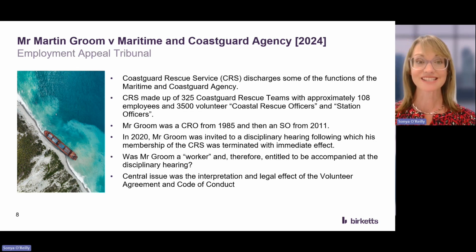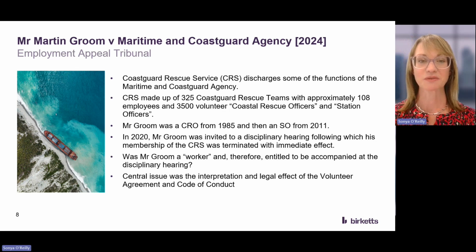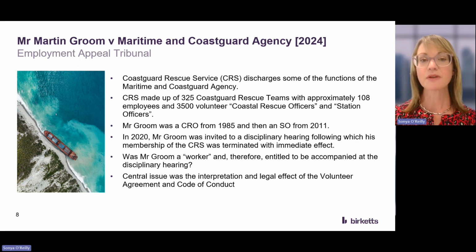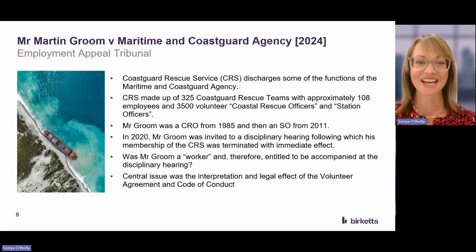So a few of the facts then. The Coastguard Rescue Service discharges some of the functions of the Maritime and Coastguard Agency across the UK. And that rescue service is made up of a number of different rescue teams. And within those teams, there are approximately 108 employees, or there were at the time this case was heard, and a huge amount more volunteers: 3,500 volunteer coastal rescue officers, or CROs, and also station officers.